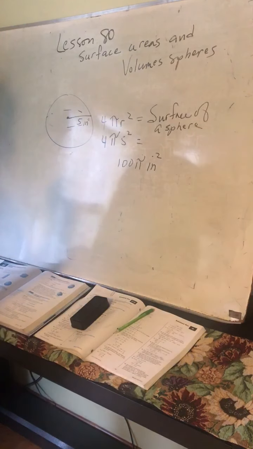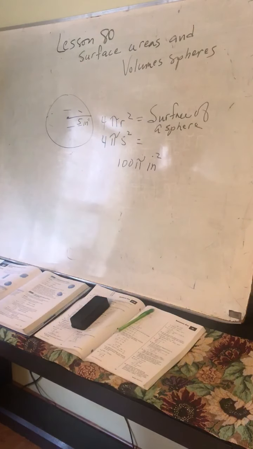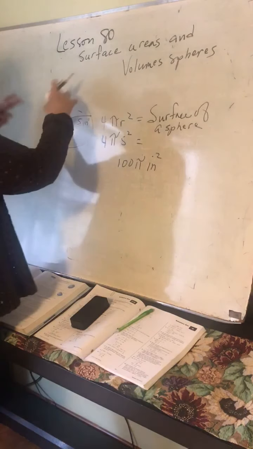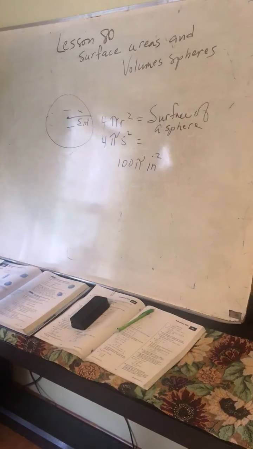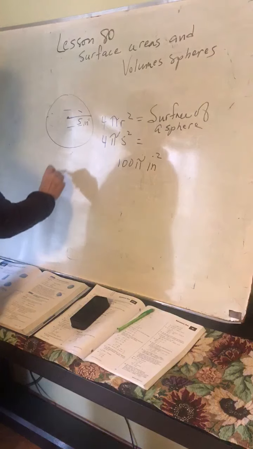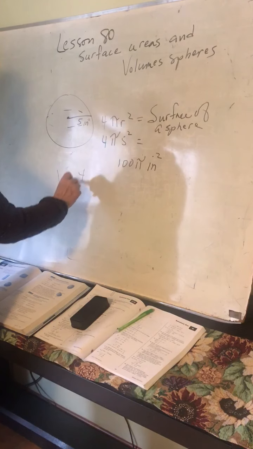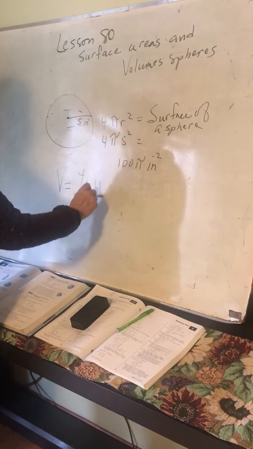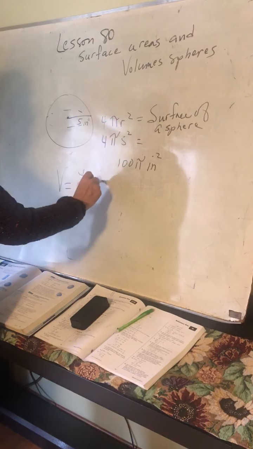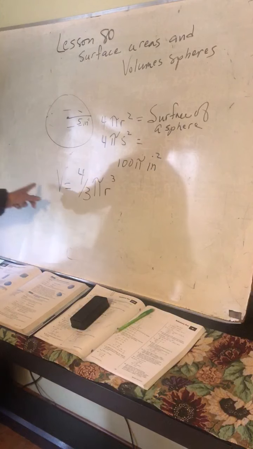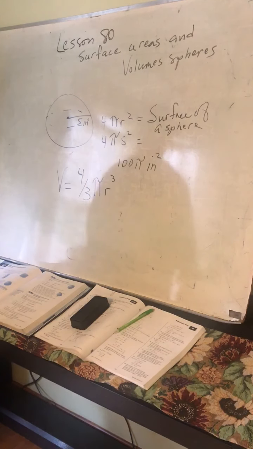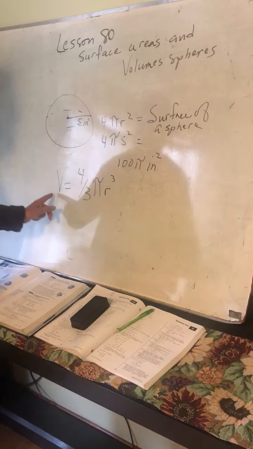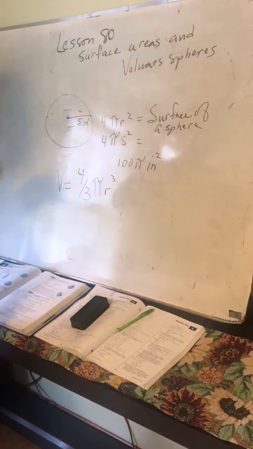Now, if you want the volume of a sphere, the volume is what will fill the inside, and that formula is 4/3 pi r cubed. Remember, a volume is r cubed. This is one you just kind of have to memorize. It's 4/3 pi r cubed.